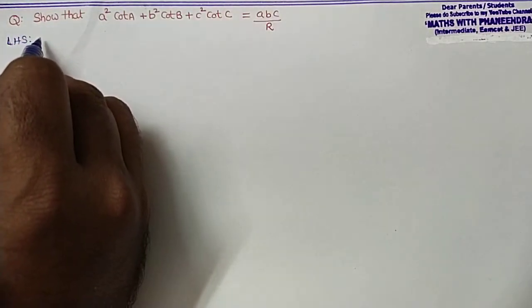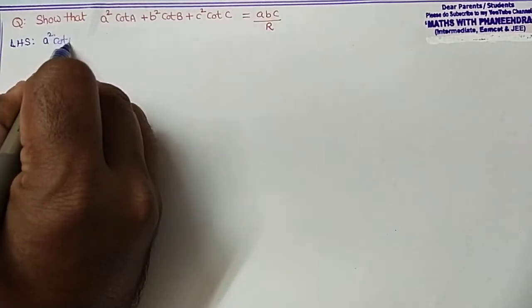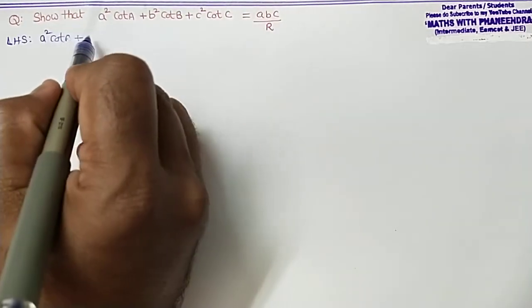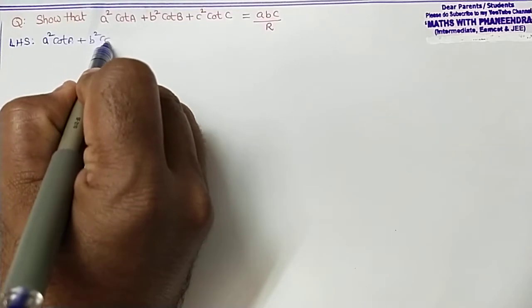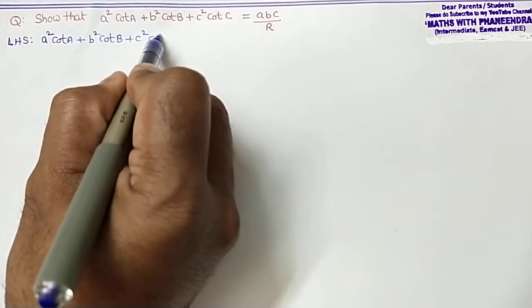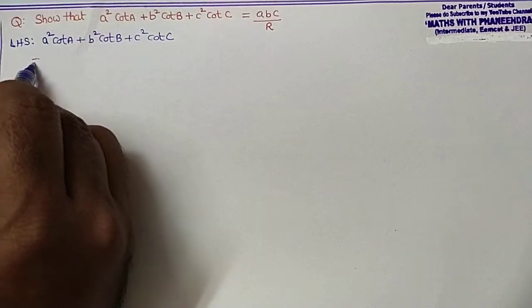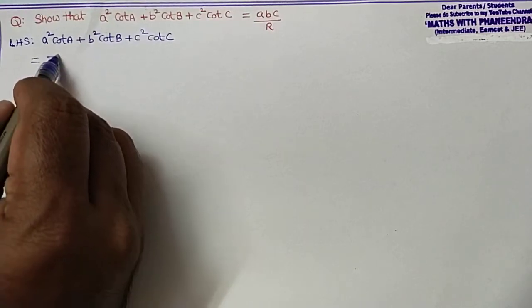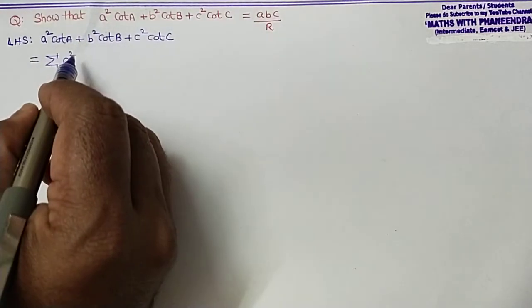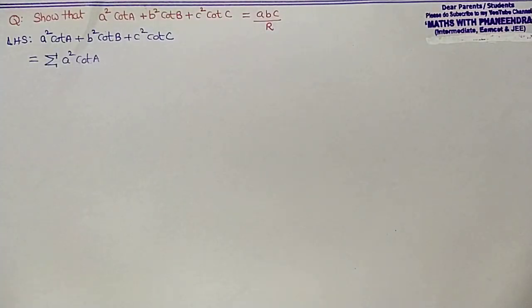In LHS, we have a square cot A plus b square cot B plus c square cot C. This also can be written as sigma a square cot A. If you remove sigma, it will be a cyclic process.